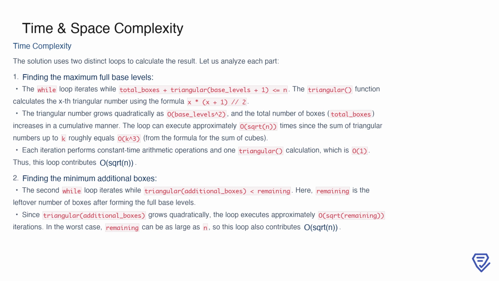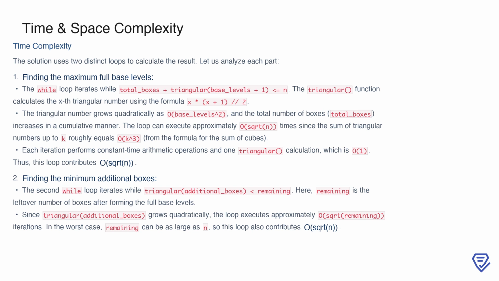In the second loop, we determine the minimum number of additional boxes required to complete the structure. Here, the loop continues as long as the triangular number of additional boxes is less than the remaining boxes that need to be added. Since the triangular number grows quadratically, this loop also runs approximately O(sqrt(remaining)) iterations.